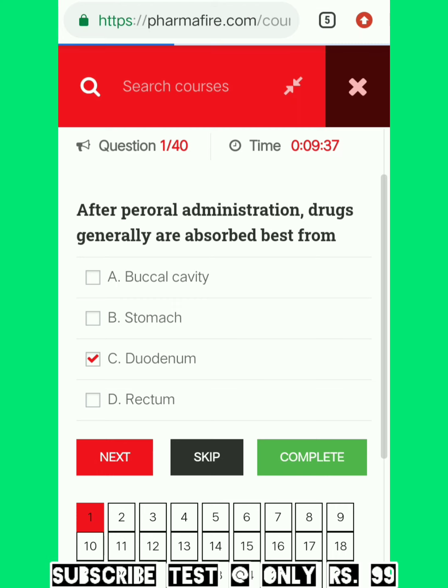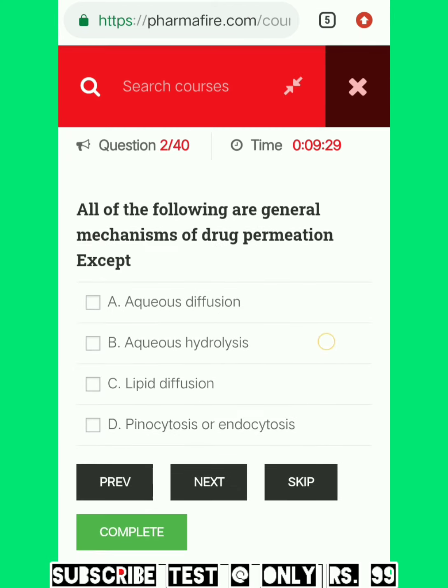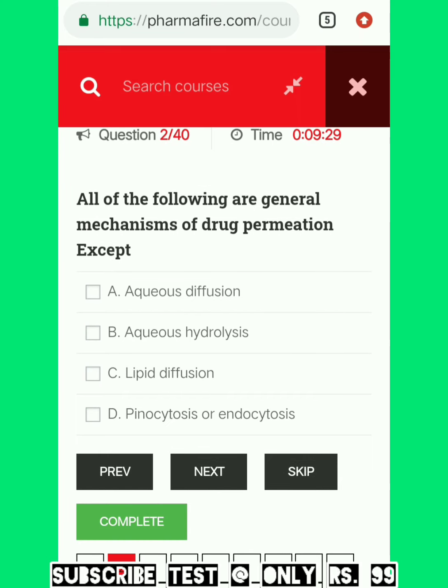After submitting, you get another question: all of the following are general mechanisms of drug permeation except. There are four options: aqueous diffusion, aqueous hydrolysis, lipid diffusion, and pinocytosis and endocytosis. Like that you can give the answer and solve the other questions.